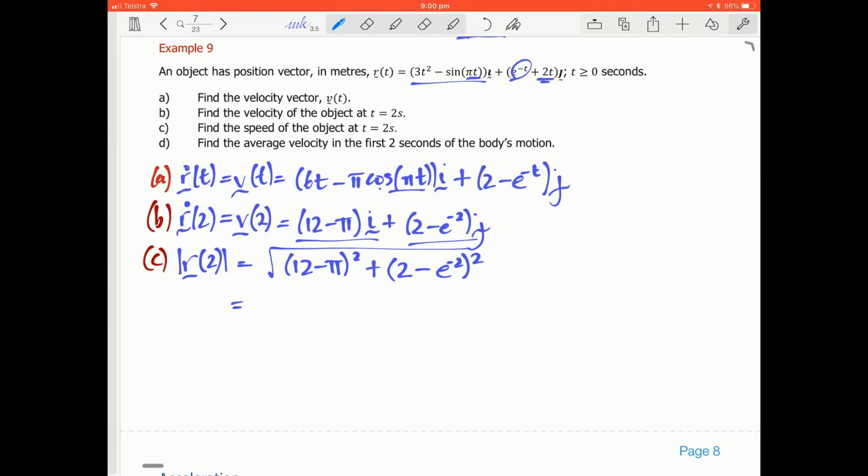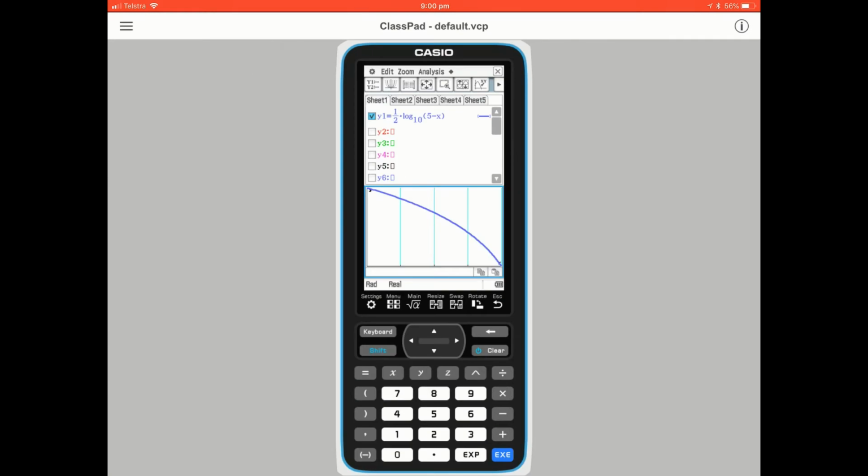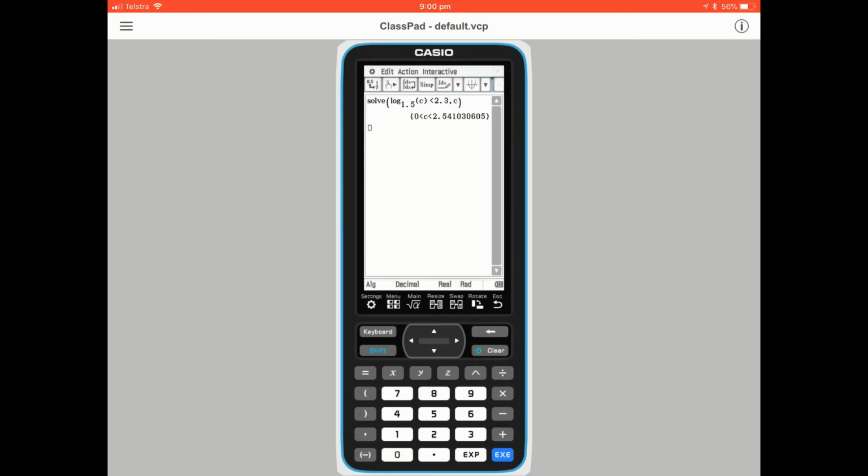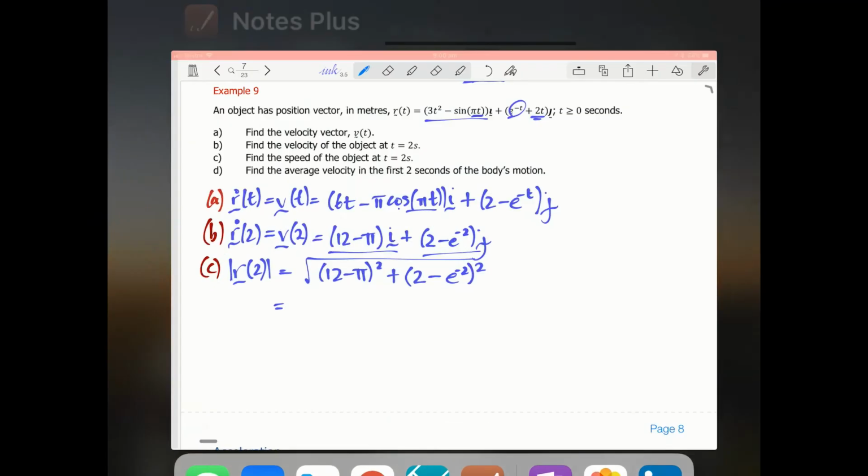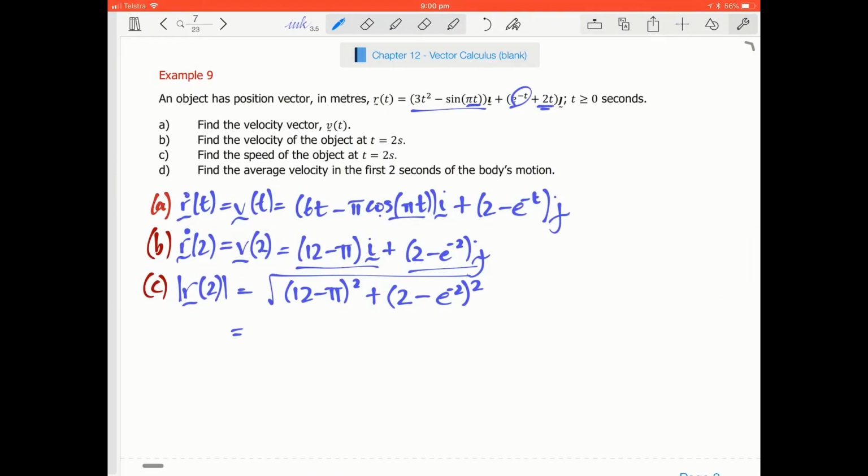If we put that into our calculator, we want the square root of 12 minus pi all squared plus the 2 minus e to the negative 2 squared, which is 9.05.